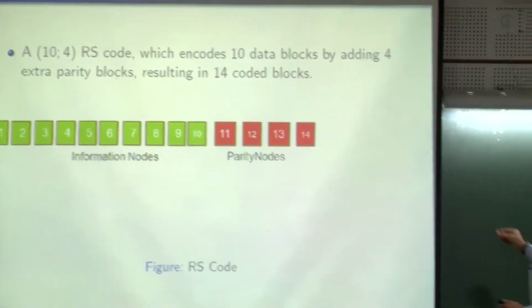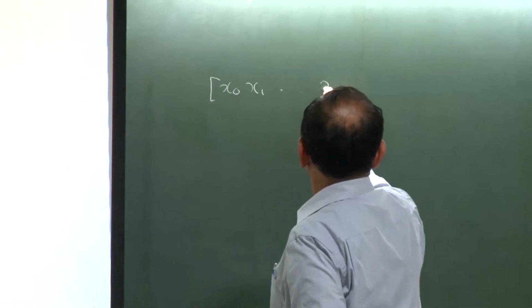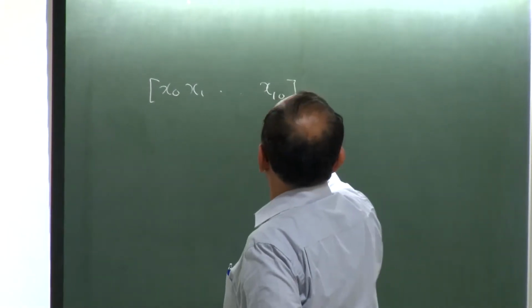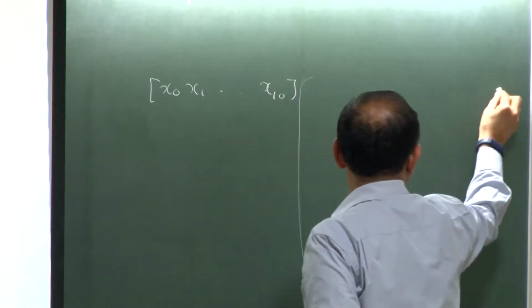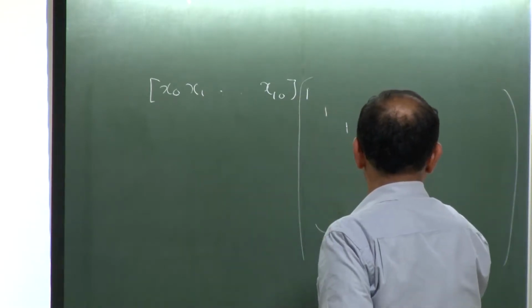If you have some doubt, we will just take this as a message, for example x0 up to x9, and you can have a generator matrix that has an identity for the first 10 columns.